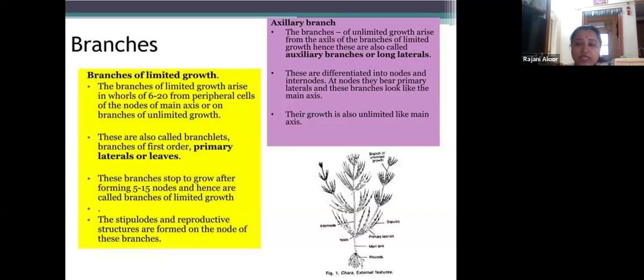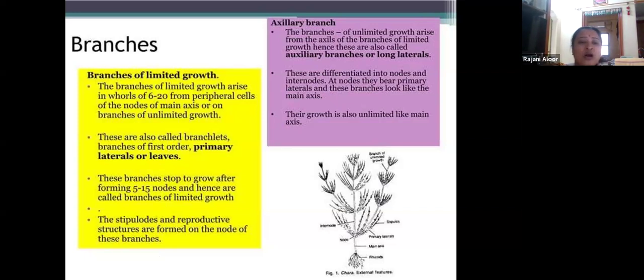First, listen to the explanation of the branches of limited growth. These arise in rows of 6 to 20 from peripheral cells of the node. See, this part is a node, and in between is the internode.